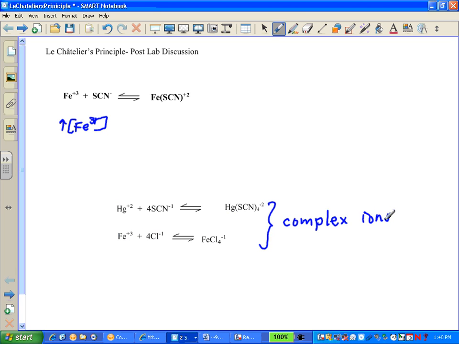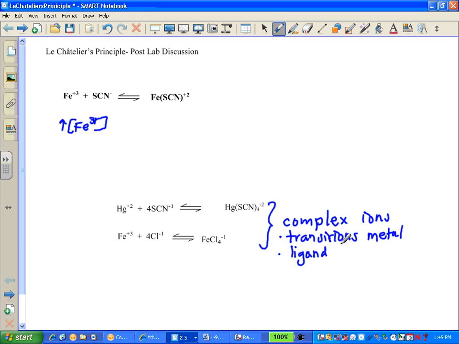A complex ion is formed when you've got this combination of items. One, you've got a transition metal, so in this case you've got the iron ions. And the other item that you need to make a complex ion is what is called a ligand.